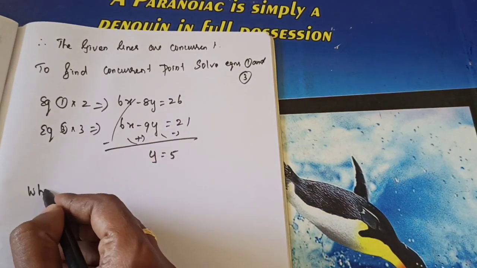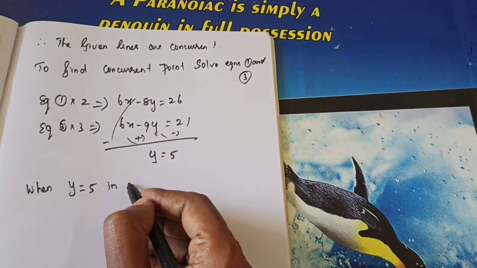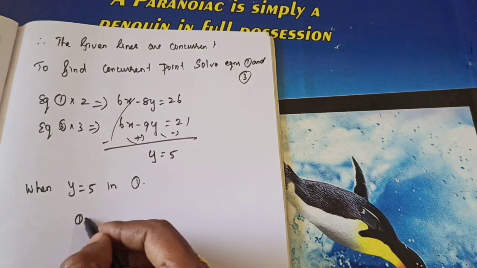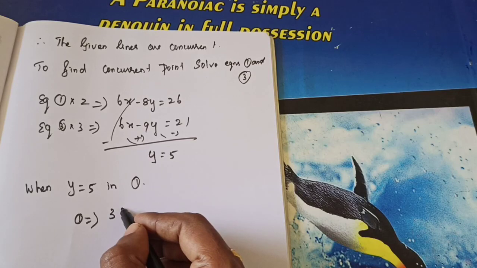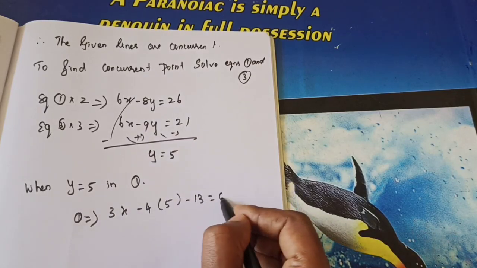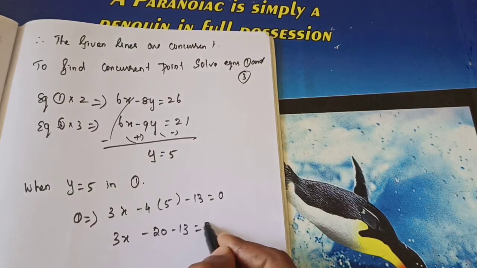Now when y equal to 5, in any one of the equations you can substitute. Shall we substitute in 1? So 3x minus 4 into 5 minus 13 is equal to 0. So 3x minus 20 minus 13 is equal to 0.